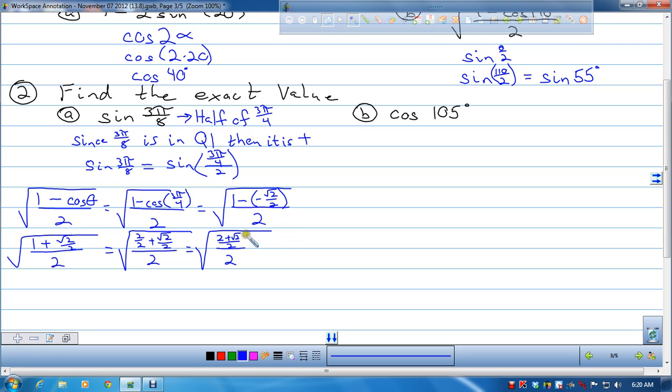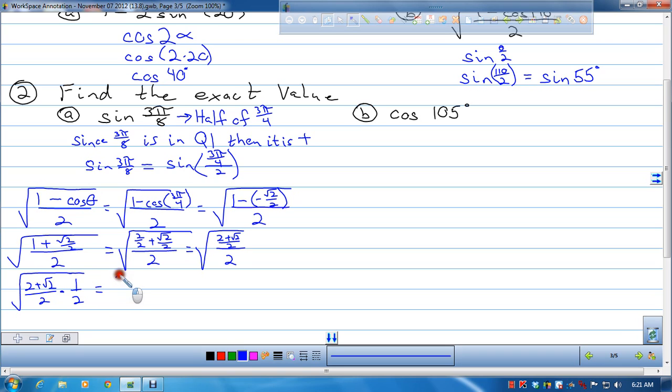When I'm dividing fractions, remember that I multiply by the reciprocal. So this is going to be the square root of 2 plus root 2 over 2, that's the numerator. Then to divide by 2, I multiply by 1/2.